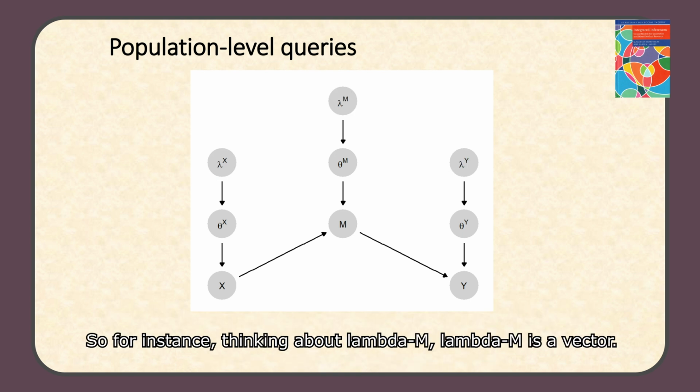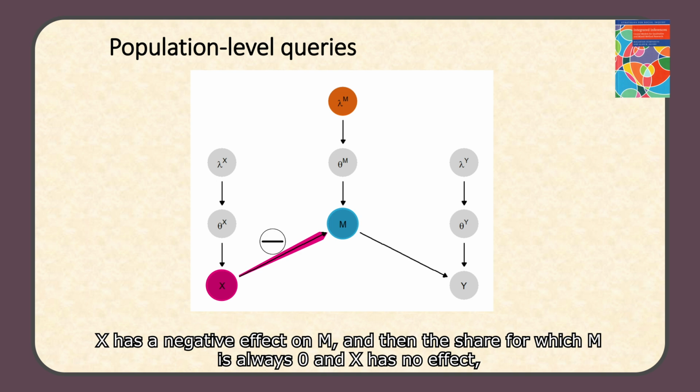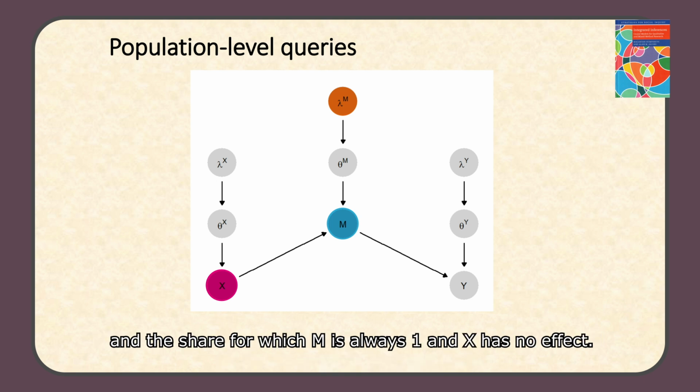So for instance, thinking about lambda m. Lambda m is a vector. It's a 4-element vector that captures the share of cases for which X has a positive effect on M, X has a negative effect on M, and then the share for which M is always 0 and X has no effect, and the share for which M is always 1 and X has no effect.